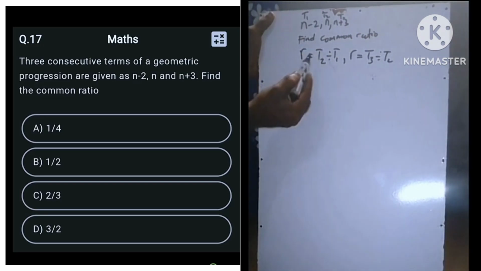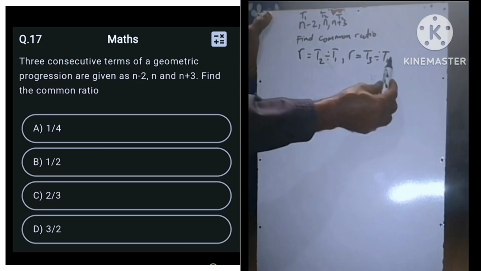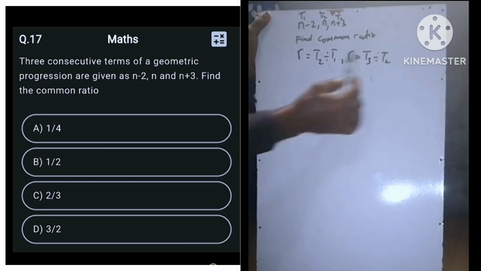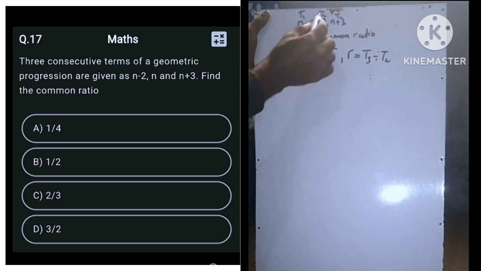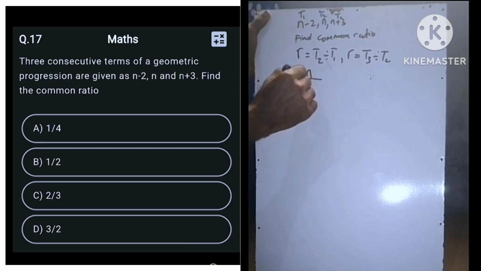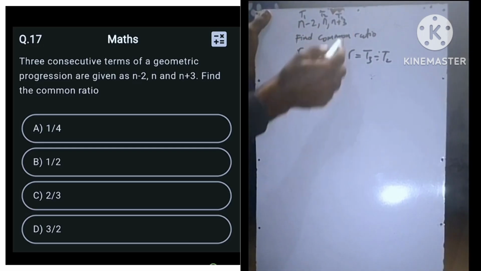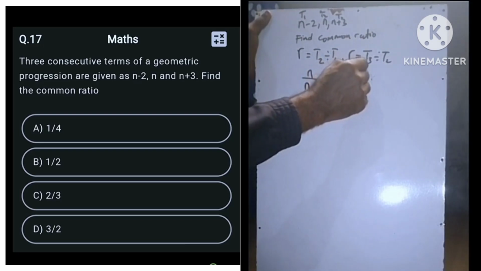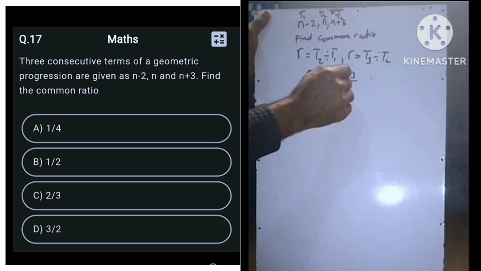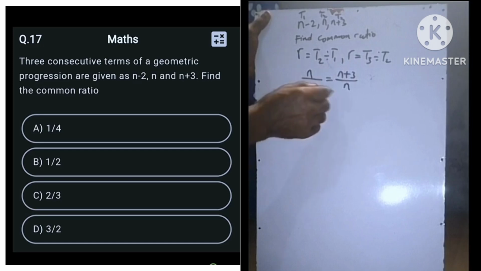Now at this point, since the ratio is equal to this and the ratio is equal to this, that means this is equal to this. So therefore, T2 is n, which is n over T1 is n minus 2, is equal to T3 is n plus 3 divided by T2 is n. So let's cross multiply.